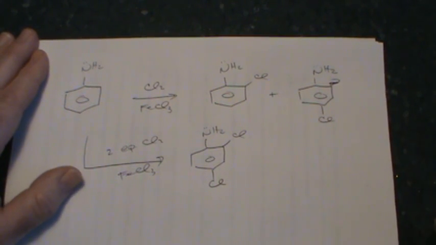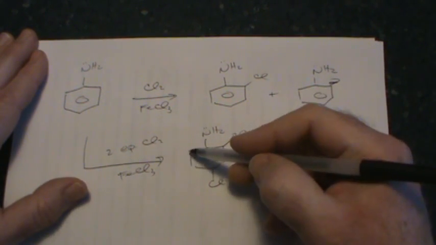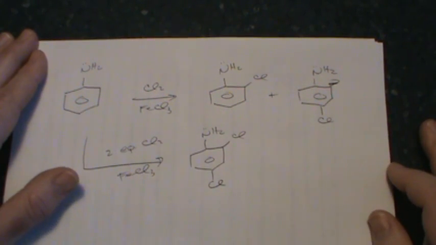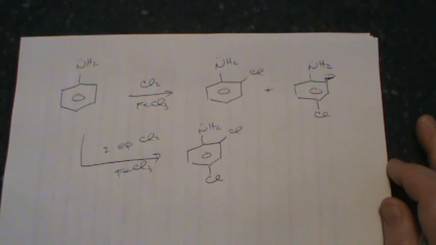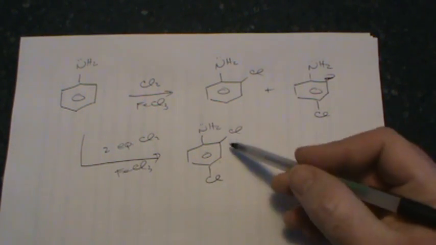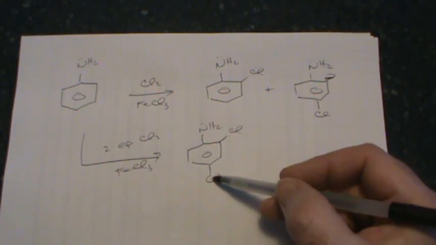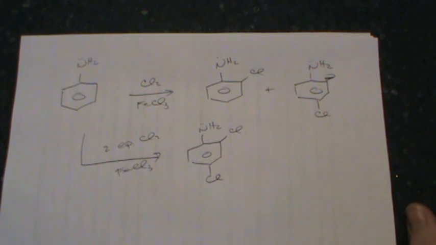It is possible that you'd form a disubstituted product with both ortho positions substituted, but in practice those products are usually formed in very low yield compared to the case where you have 1 ortho and 1 para. So these powerfully activating groups can continue to react, and that can be a problem.